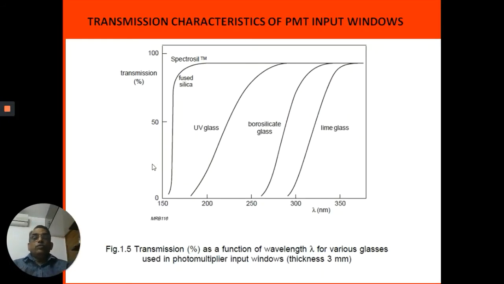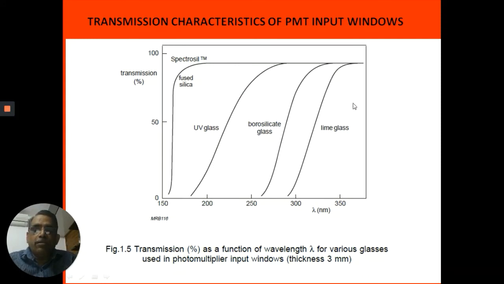Now the window in front of the photomultiplier tube decides the transmission characteristics. If you use fused silica, it is transparent. Spectrosil is a trademark, and you will see that it starts almost from 150. So anything longer than 150 will get transmitted, in the UV and visible. If you use a UV glass, maybe up to 200 is fine.